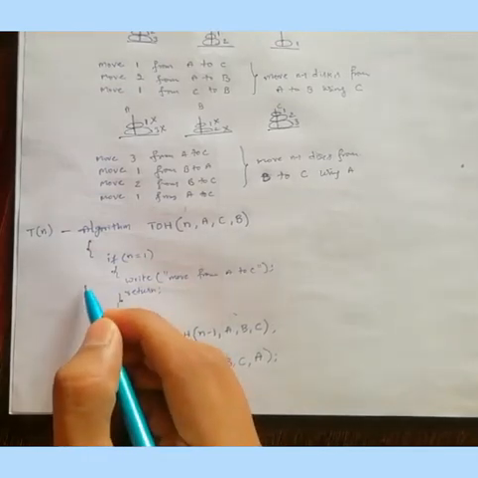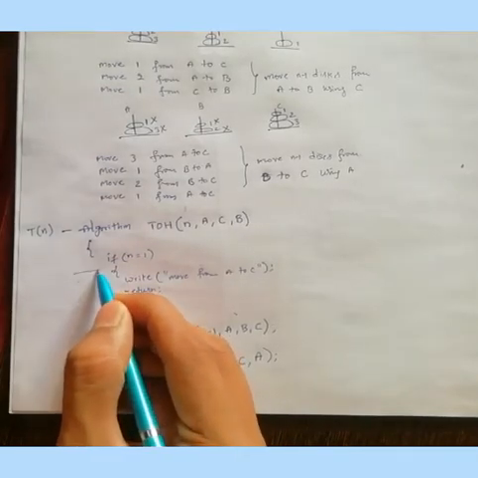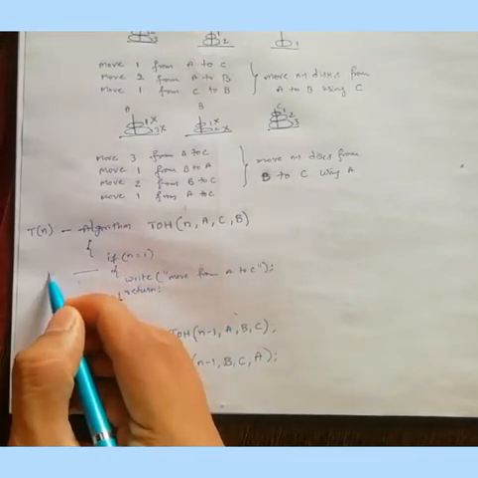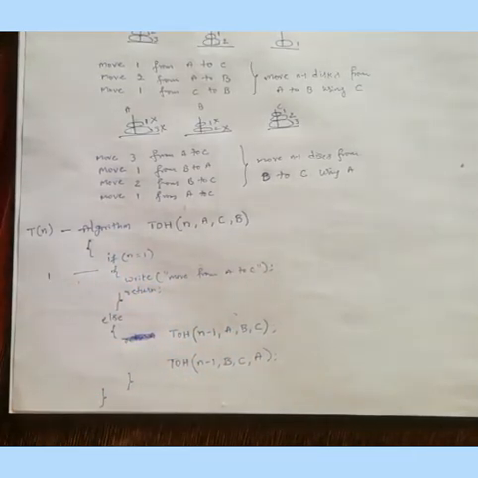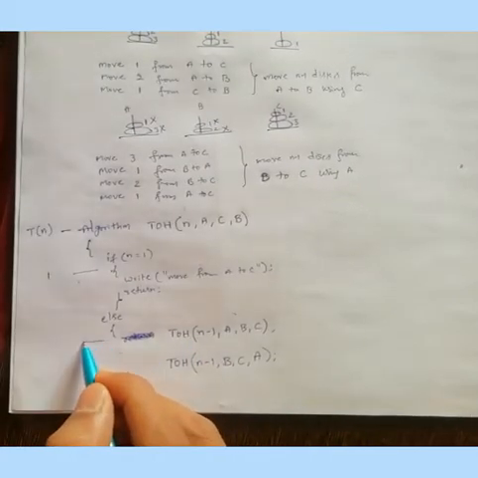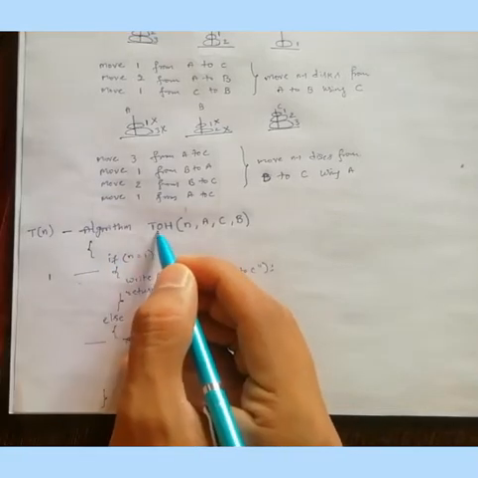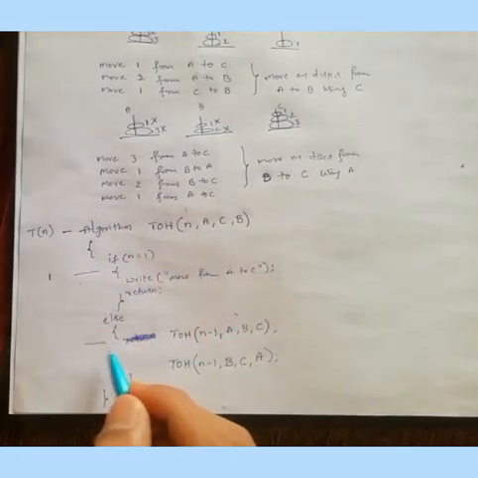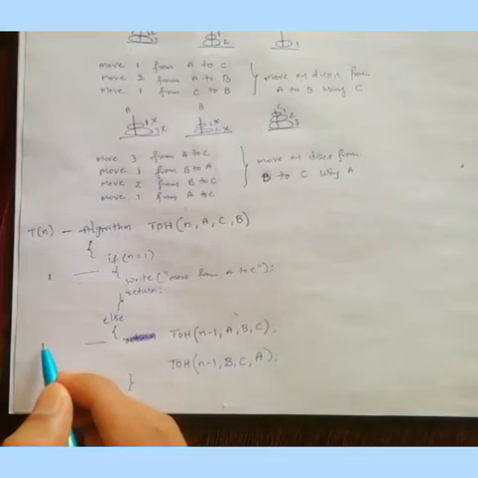Next, this will execute only one time, as I discussed in the class. Next, how many times will this execute?